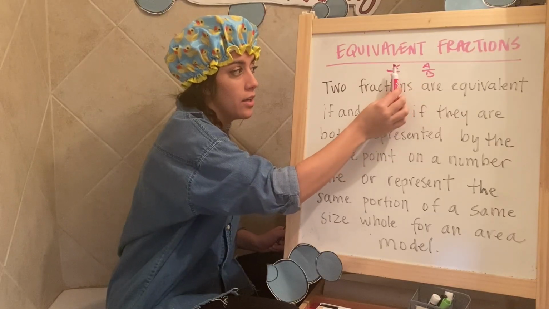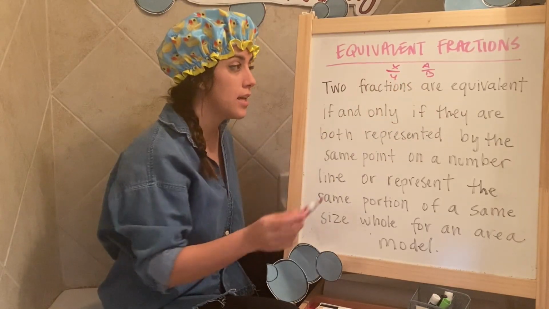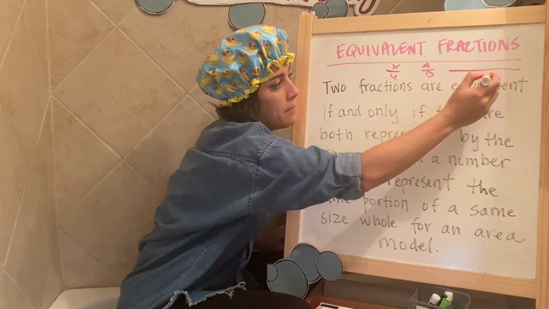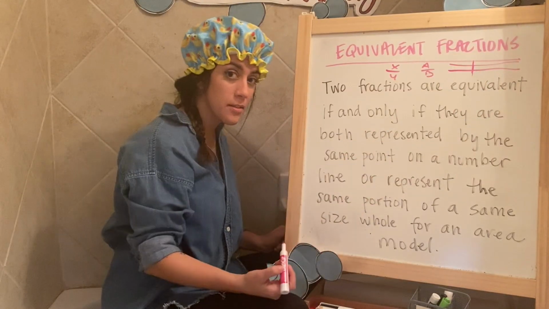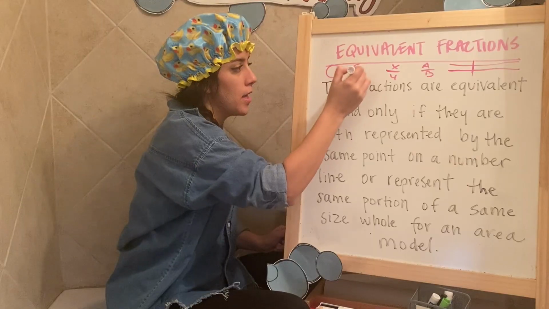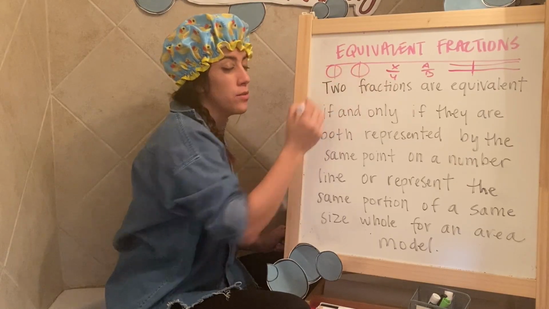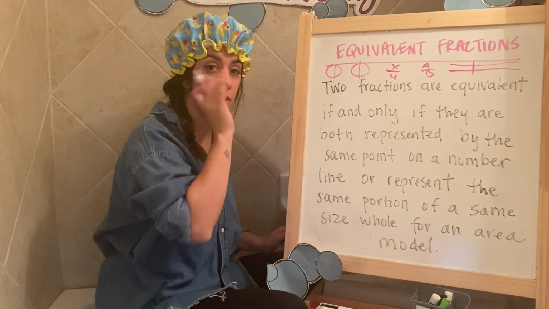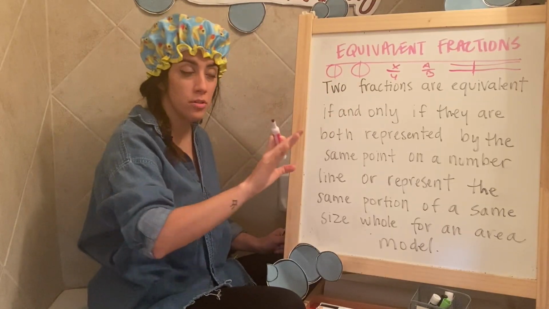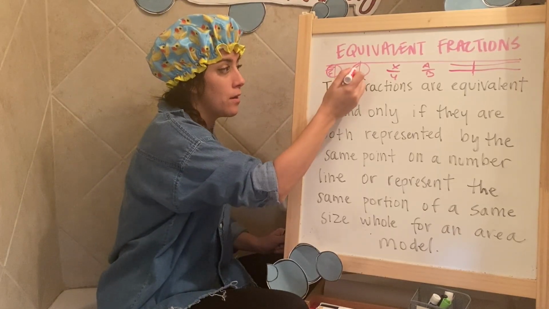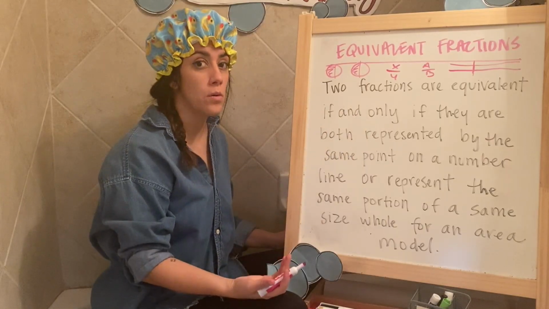I could tell if the two fractions were the same if, on a number line, they both fell on the same spot, or if I drew a picture and had the same amount shaded, okay? Visually, if you just looked at it quickly, without looking at how many numbers or parts, if it was the same amount shaded, they would be equal.